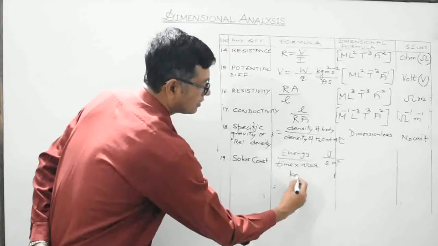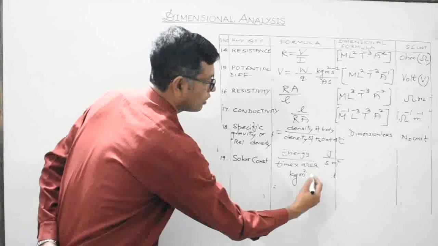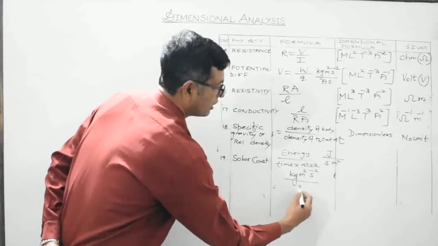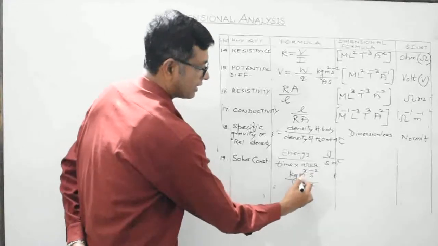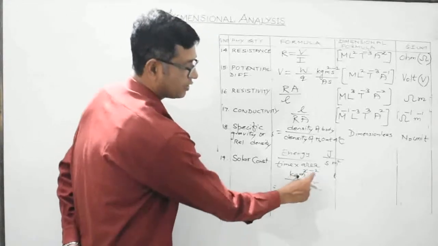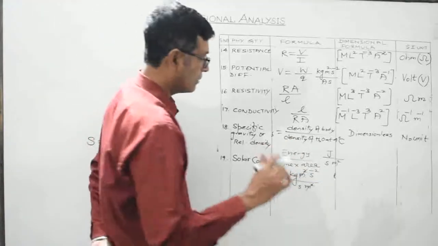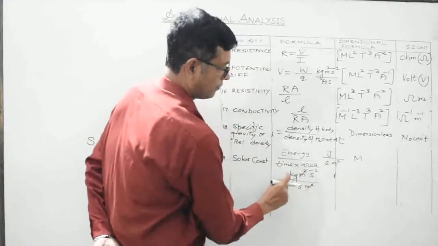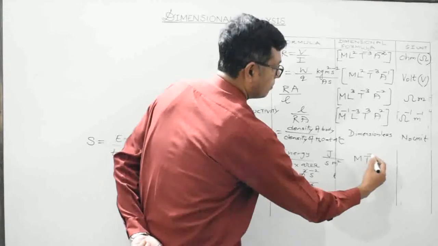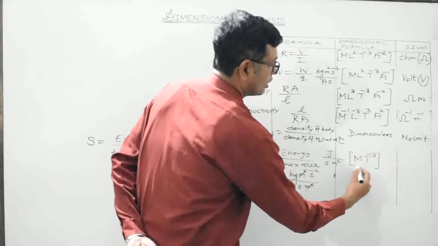Joule can be written in fundamental units as kg meter square per second square, and over here second meter square. Meter square gets cancelled, we'll be left with kg s to the power minus 3. So the dimensional formula for solar constant would be M T to the power minus 3.